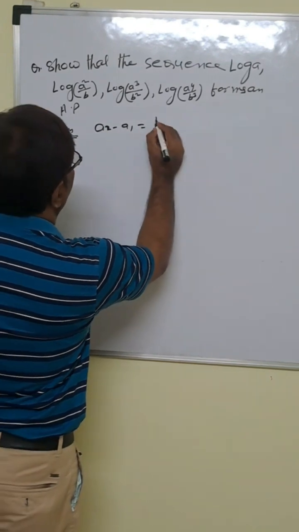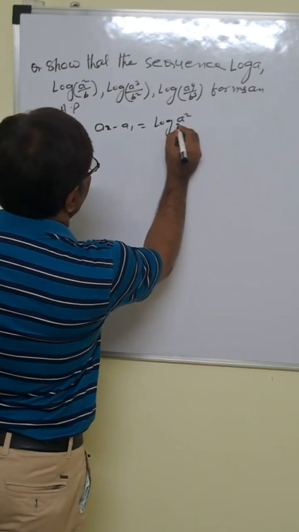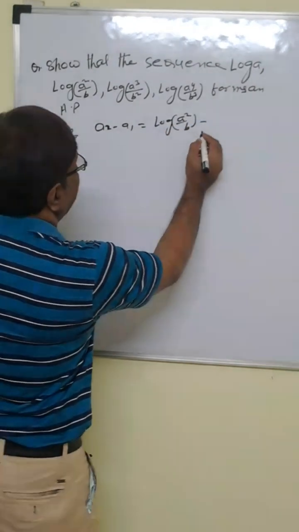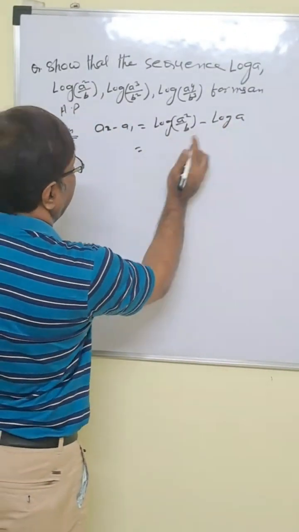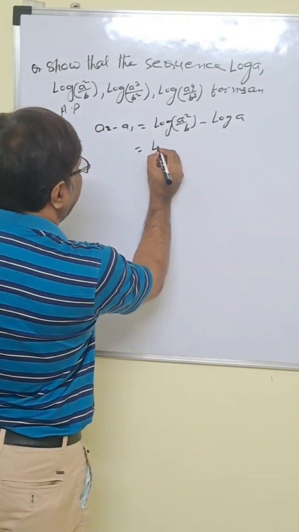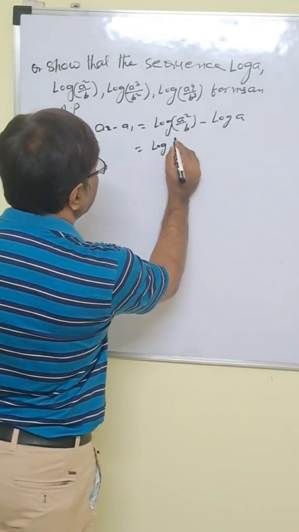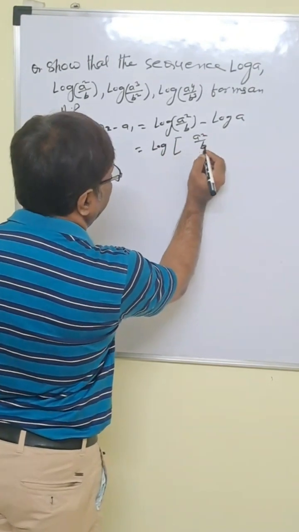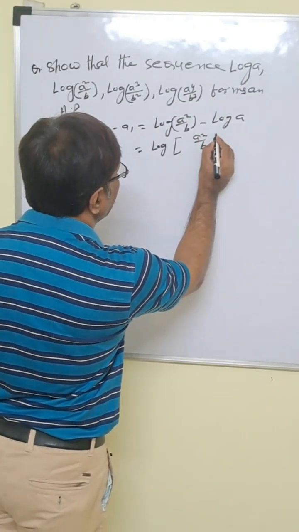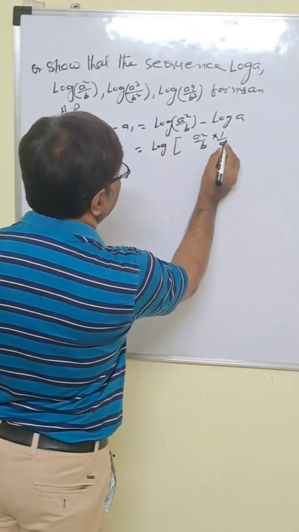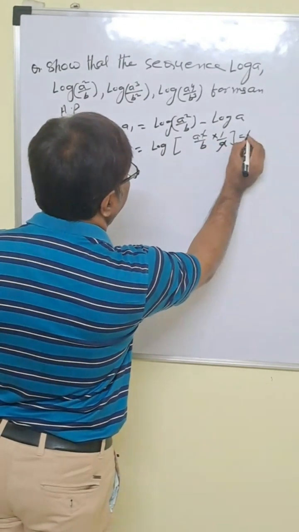A2 is log a square by b and A1 is simply log a. When we know log x minus log y is log x upon y, x is a square by b divided by a. So divided by a means 1 by a. So this a cancels and we will get log a upon b.